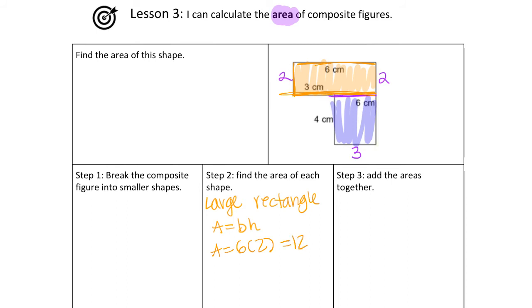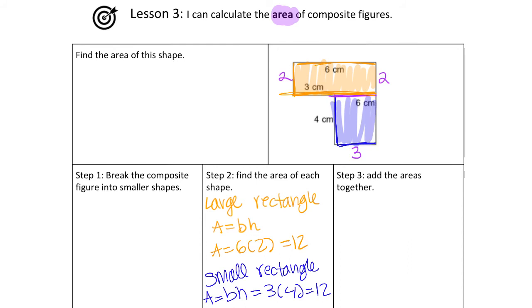Just 12. Then the area of the smaller rectangle, still base times height. My base is 3, my height is 4, which is 12.